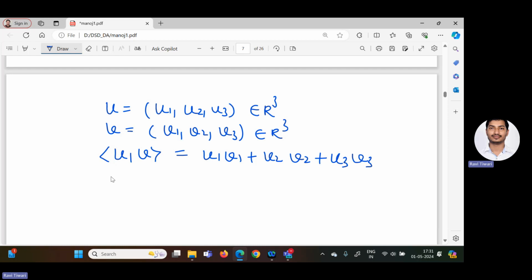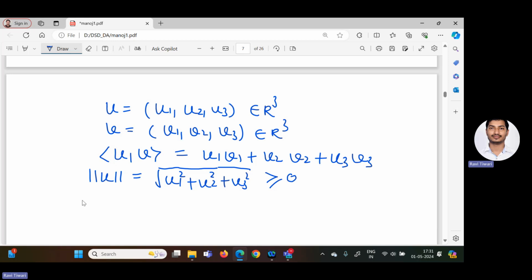If I am asking what will be the length of U in inner product space, this is defined as the norm, and norm we write by double mod. So this is defined as under root of U1 square plus U2 square plus U3 square. This norm of U is always greater than or equal to 0 because this is length. Norm U is calculated with respect to origin 0, 0, 0.